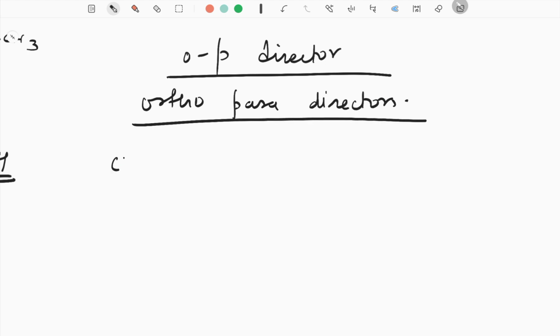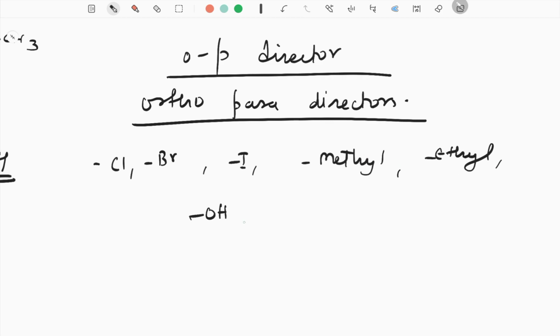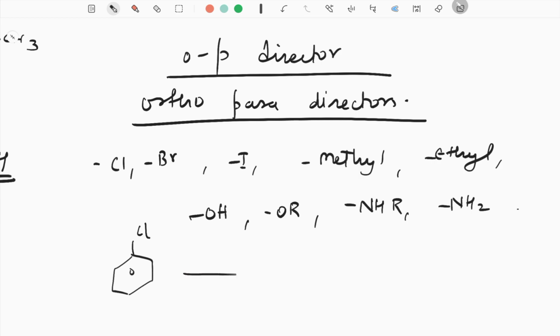Ortho para directors are chlorine, bromine, iodine, methyl, ethyl, OH, OR, NHR, NH2. Means when they are attached like this, like chlorine, the second substituent will add according to the chlorine.